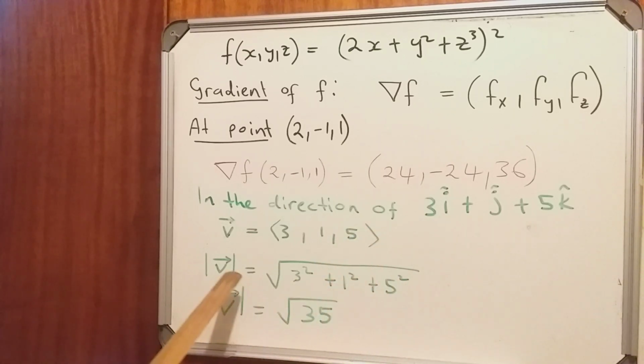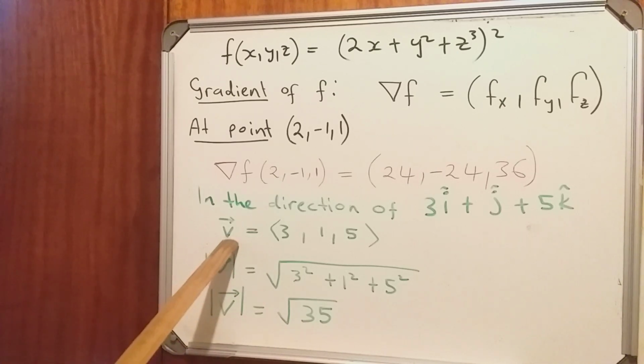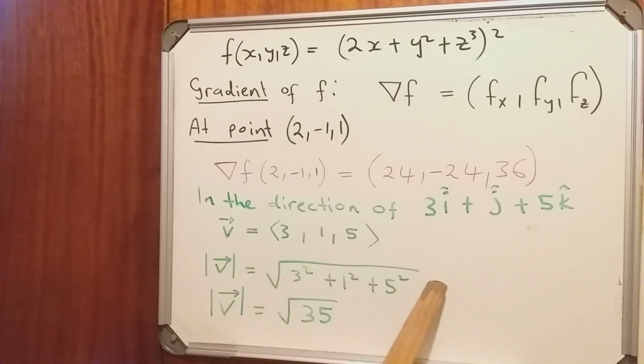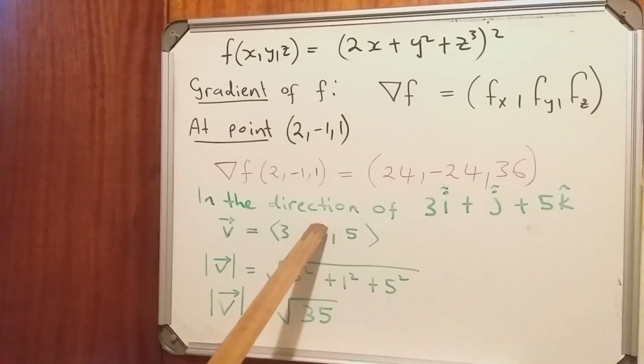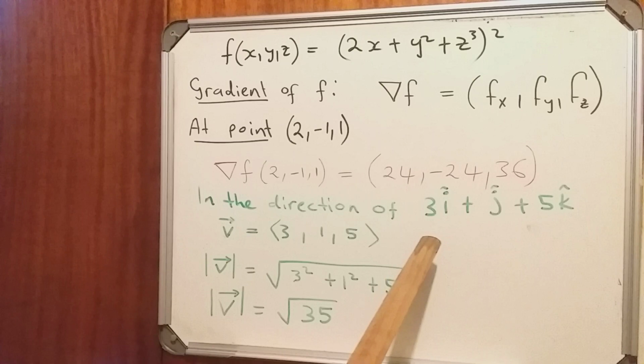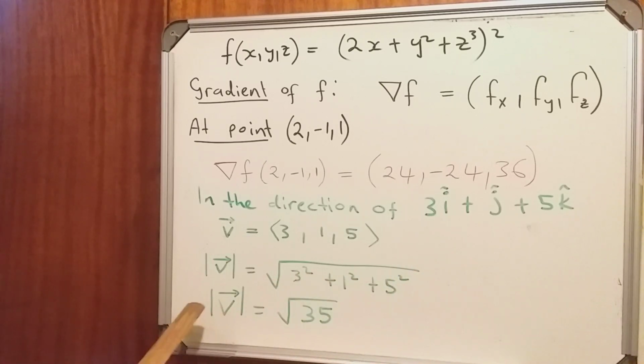So we want the magnitude of the vector. The magnitude is the square root of the x component squared plus the y component squared plus the z component squared. If you add everything, it's going to give you root of 35. That's the magnitude of the vector.